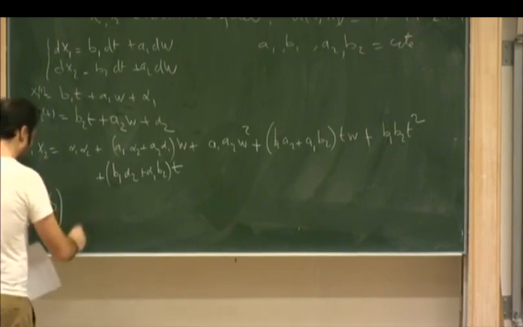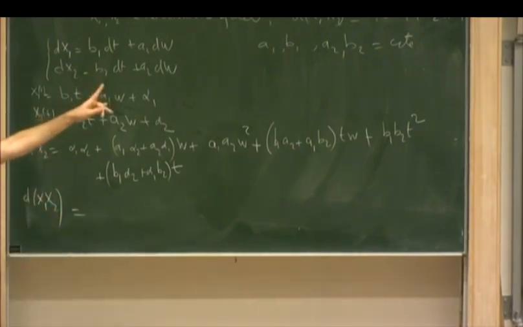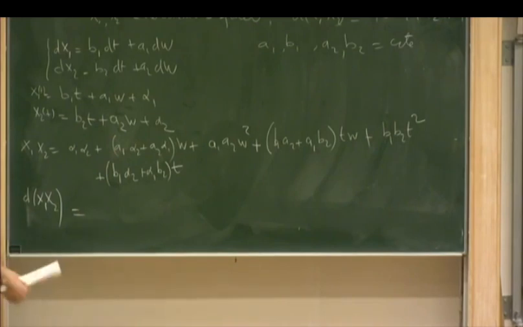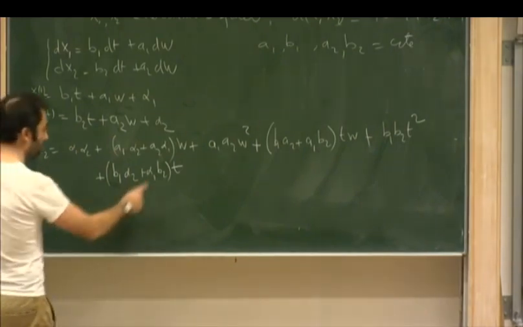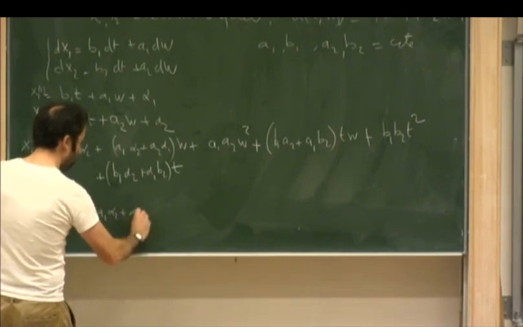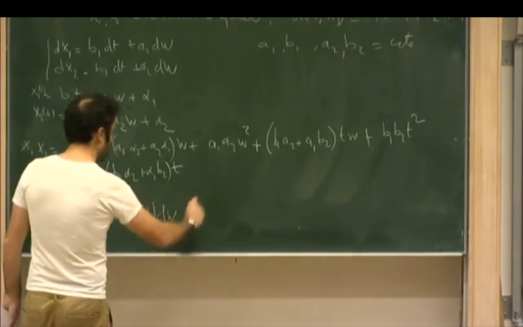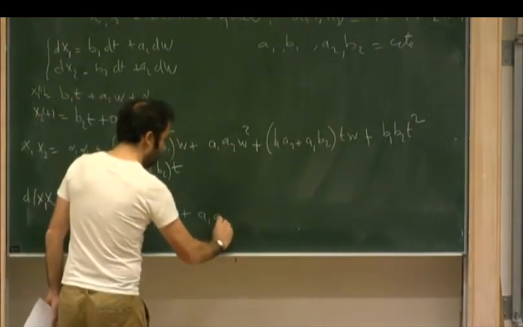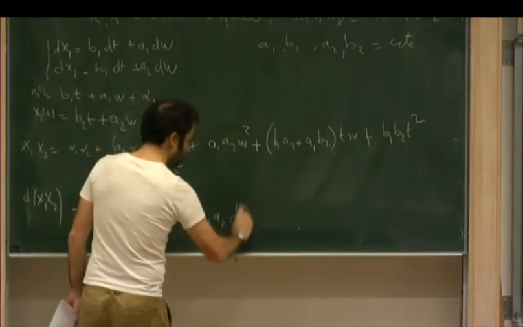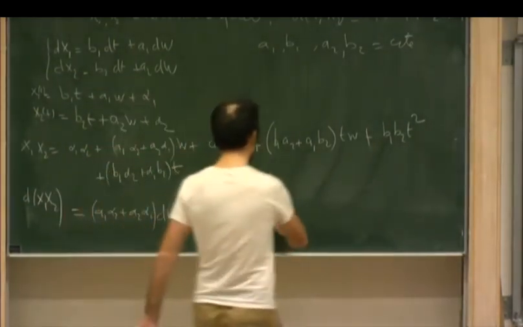You're saying that I'm completely stupid, I just integrate and I have to differentiate. But it's okay, because I want to calculate the difference. Okay, the differentiation of a constant is zero. The differentiation of the ω term is (a1 alpha 2 plus a2 alpha 1) dω. Then plus a1 a2 d(ω squared). This I don't know what it is, so I leave it this way. I don't touch.